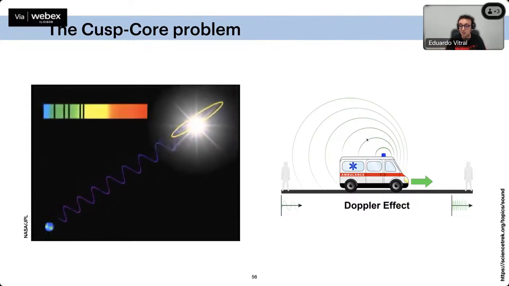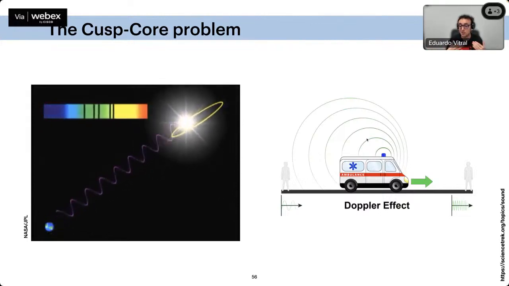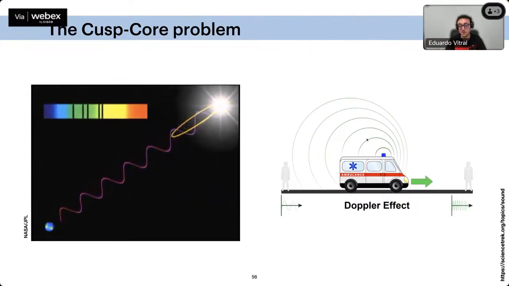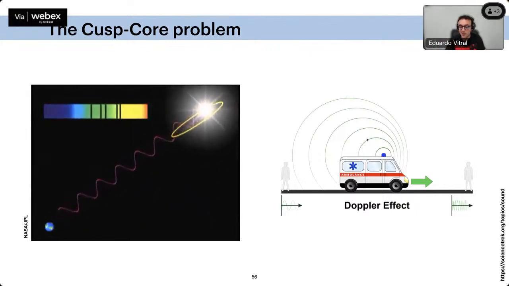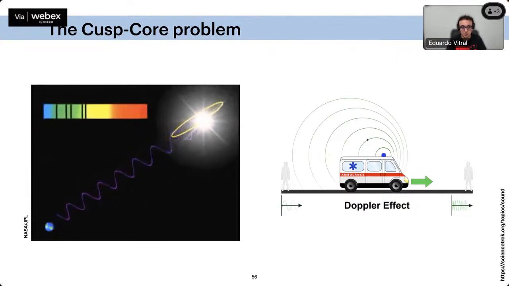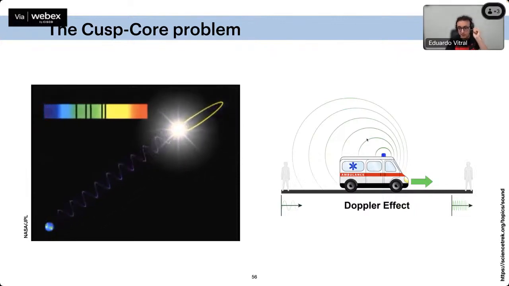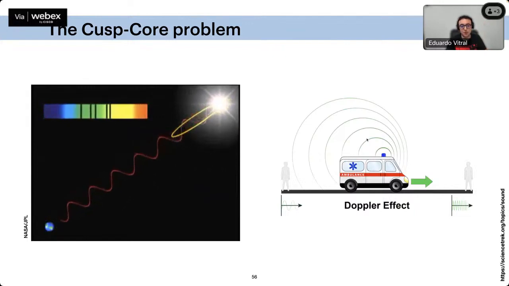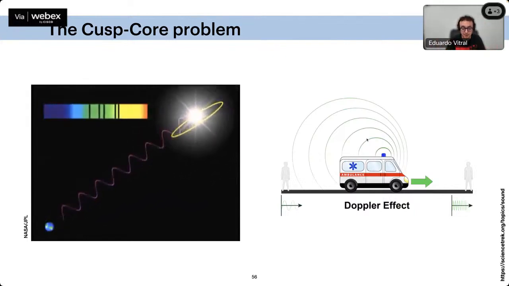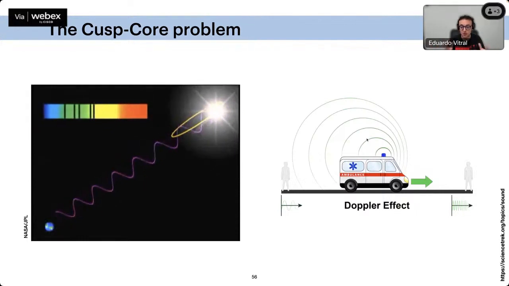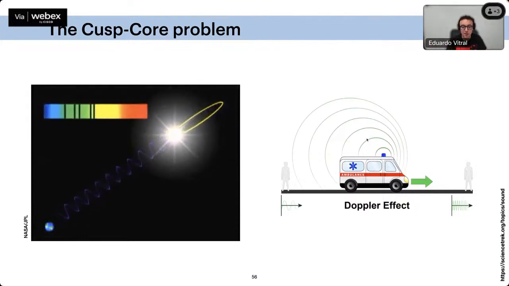It basically means that something is getting towards us if it's blueshifted and away from us if it's redshifted. Now, indeed, this is a pretty straightforward measurement in astronomy, and you just need to point your telescope to a certain star and observe with your spectrograph this measurement once, and you get the velocity.